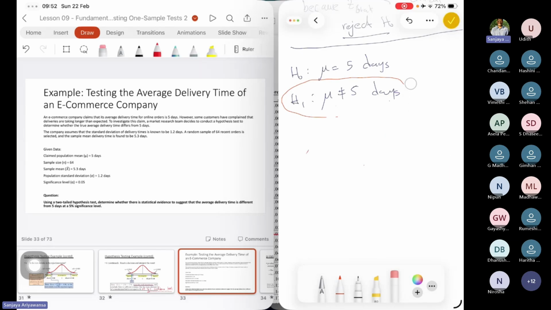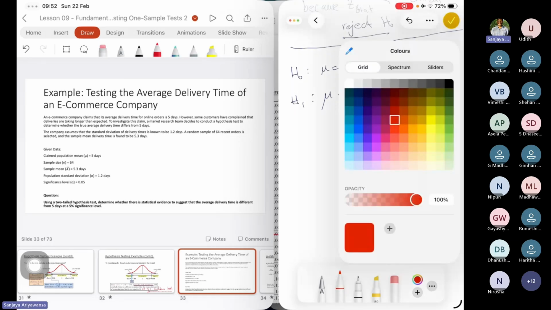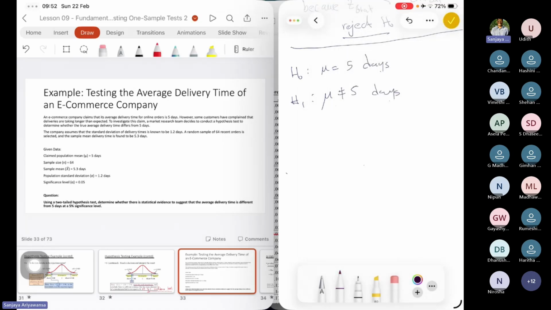Get rid of these visualizations, right? So H naught, H1, that's done. However, some customers have complained that the deliveries are taking longer than expected. To investigate this claim, or the claim was that mu is equal to 5, a market research team decides to conduct a hypothesis test to determine whether the true average time differs from 5 days.